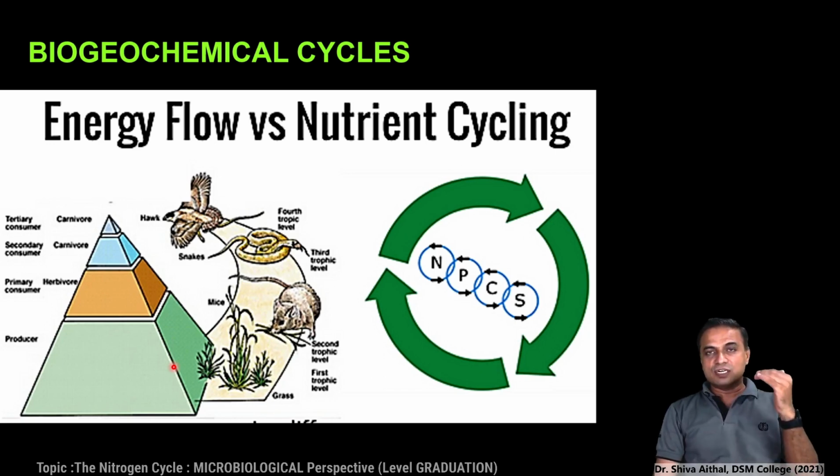Once the tertiary consumers die, they are ultimately subjected to soil, where the microbial transformations, what we call decomposition or decay, take place. And by this, just like the money in the market, nitrogen is continuously recycled, transformed from one form into another, and the net balance is maintained.